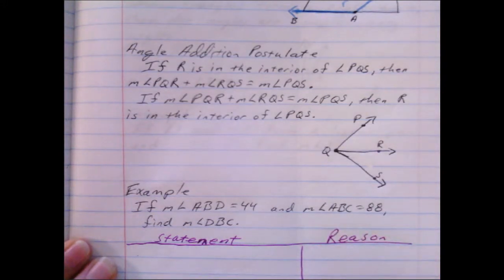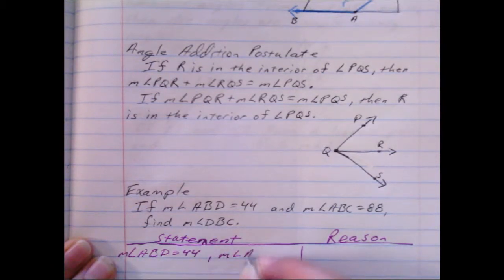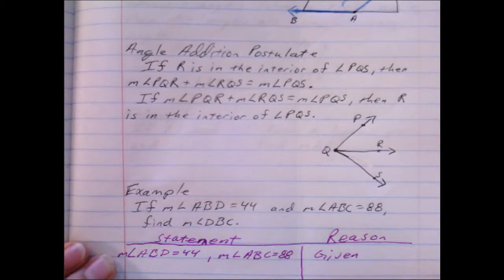Again, we start with our given: the measure of angle ABD equals 44, and the measure of angle ABC equals 88. That was given to us.